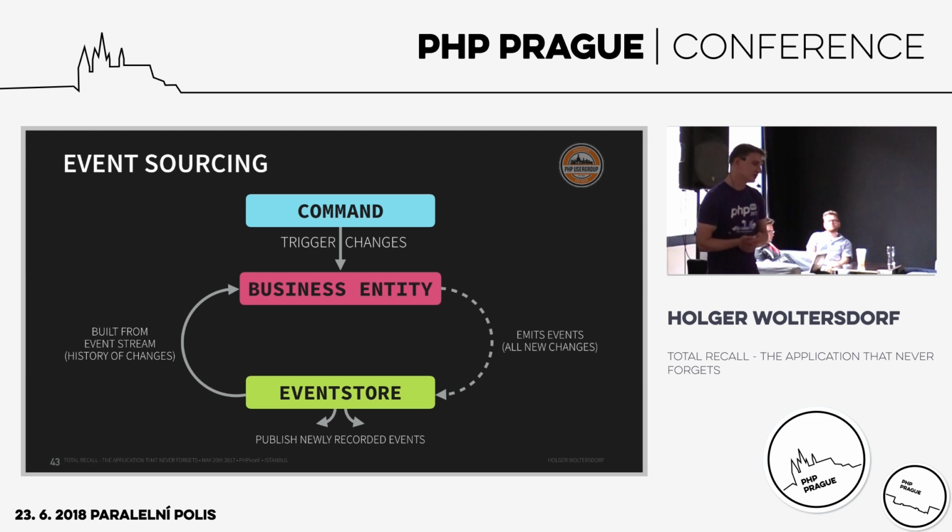It depends on the implementation that you choose for event sourcing. There are different implementations out there. The event store holds a history of changes, and you retrieve that history for that particular business entity. Then you have a business entity that is in the current state. And then you change the business entity, which emits new events, which go back to the event store.